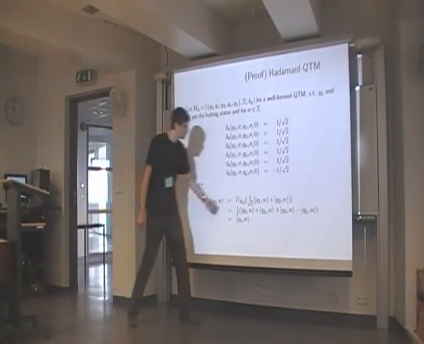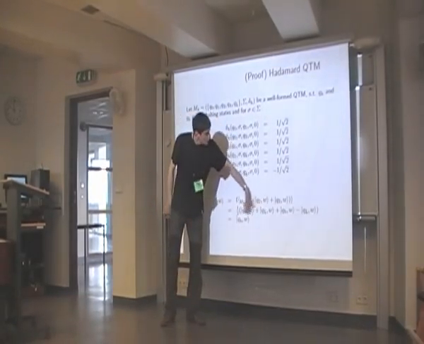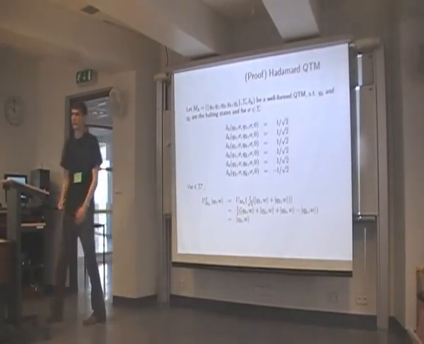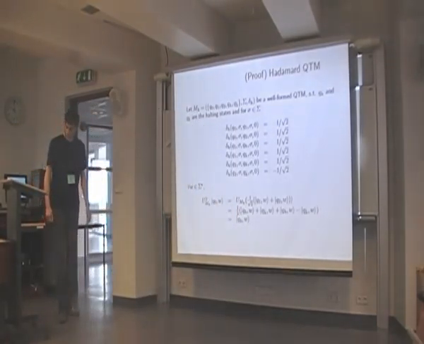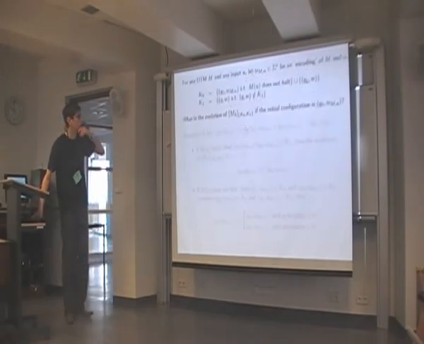You apply Hadamard, you obtain a superposition. You apply Hadamard again, you obtain something more complex, but there is some interference such that you obtain a basis state. So this is the starting point, the quantum Turing machine.